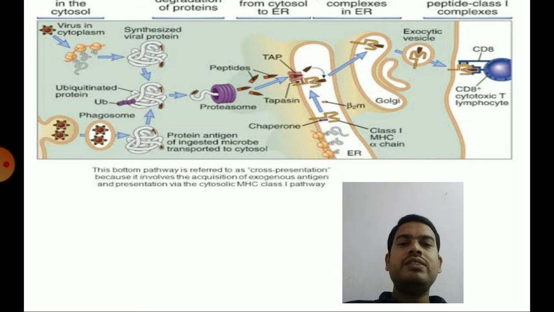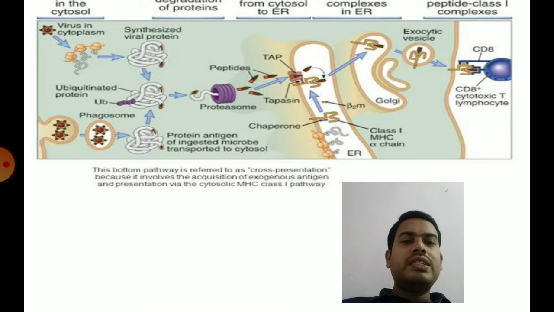Now the viral proteins are first ubiquitinated. In the previous classes I have told you, any protein that is polyubiquitinated will be degraded in the 26S proteasome. Here the same thing will happen. So the antigenic protein will be polyubiquitinated, then you can see it enters the proteasome, then it is converted into peptides.